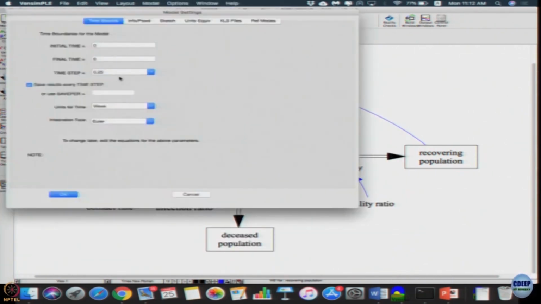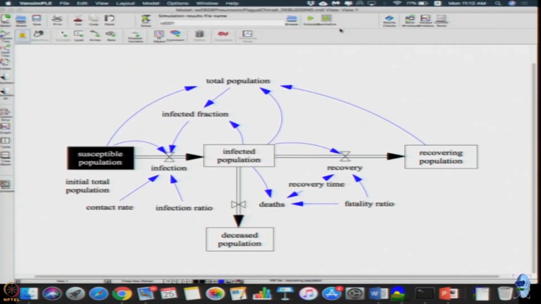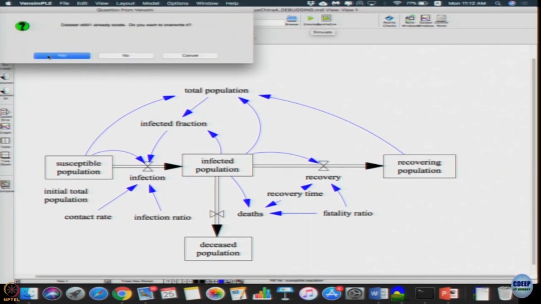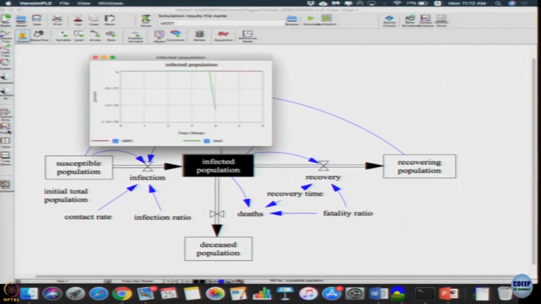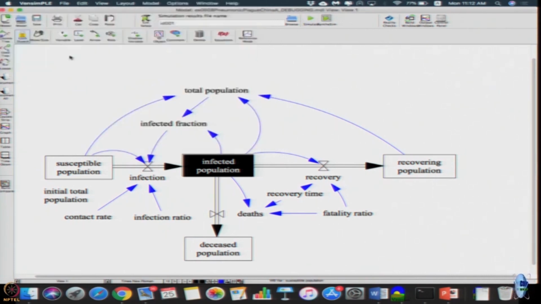Other things seem okay. So instead of 0.25, let's say 0.0315. Let us try that. Let us click OK. Let us run it. Okay, the error stopped at least. Let us look at infected population. Okay, let me run it again.